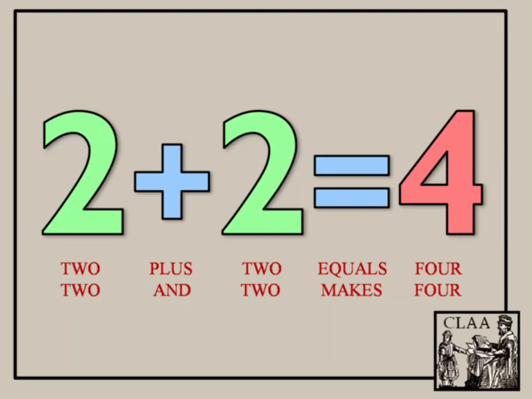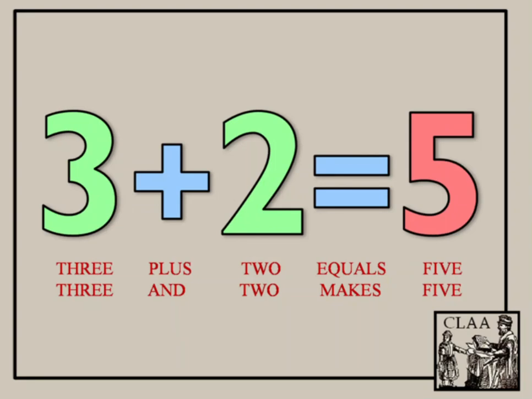Let's read another addition sentence adding 2. This time we'll start with the number 2. 2 plus 2 equals 4. 2 and 2 makes 4.